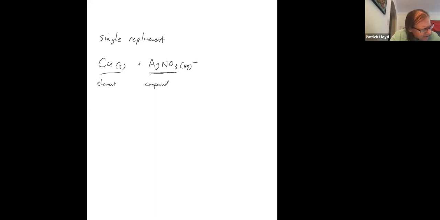And what happens is the metal or the element is going to combine with the non-metal. And then this metal will be all by itself. Okay, let me balance it. There we go. So you can see that's what it looks like.